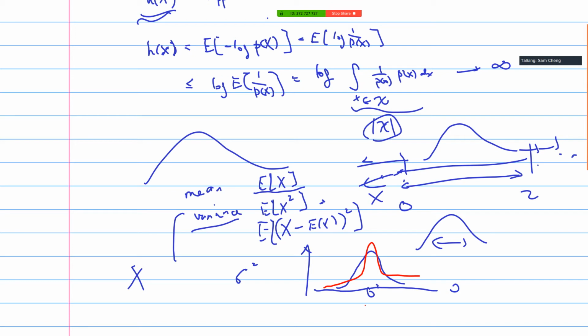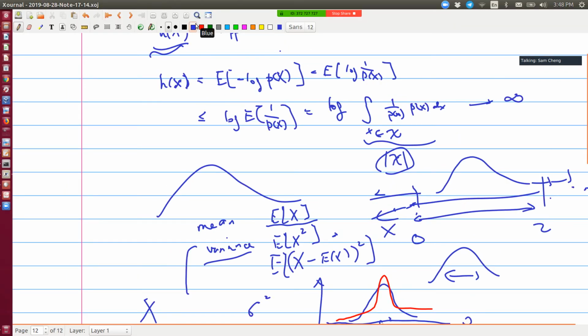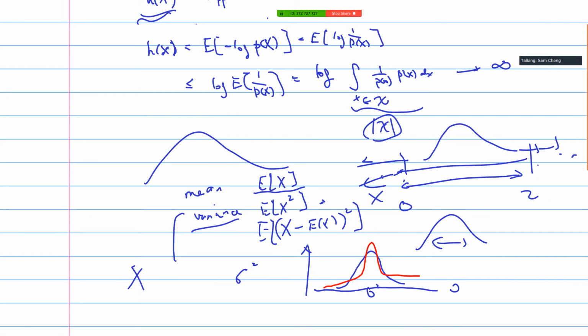If I have a random variable x and sigma squared as a constraint, it turns out that the differential entropy H(x) is maximized when x is a Gaussian with that variance.